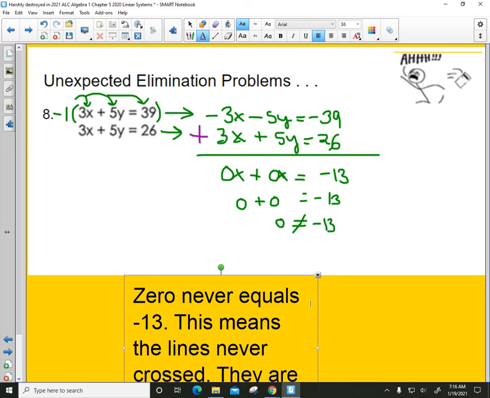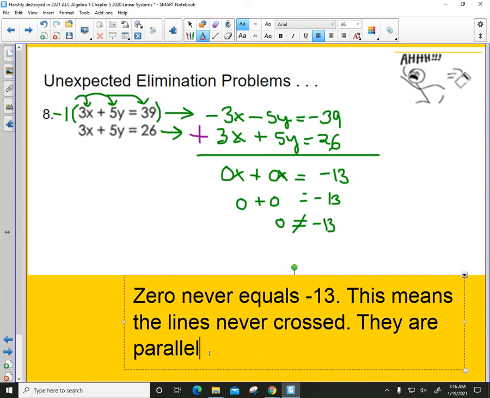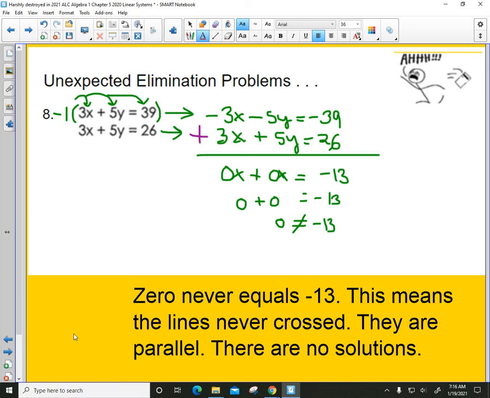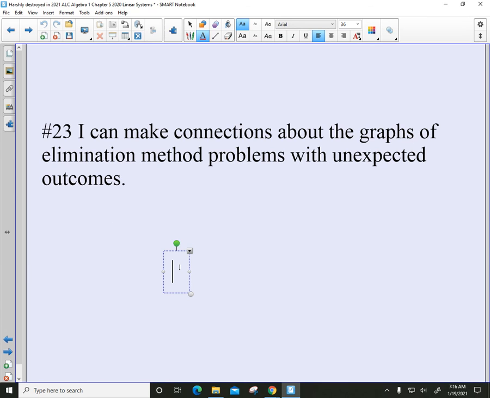They are parallel. How many solutions are there? There are no solutions. All right, so this is the end of the Pear Deck from last week, but we're giving it a new I can statement. I can make connections about the graphs of elimination method problems with unexpected outcomes. And there you go.